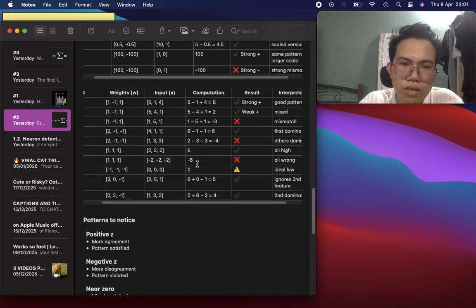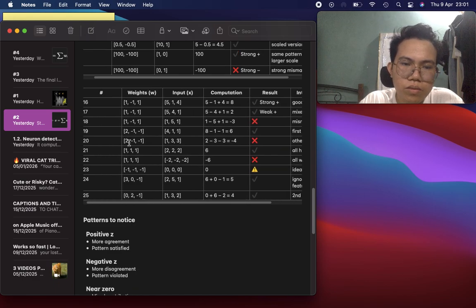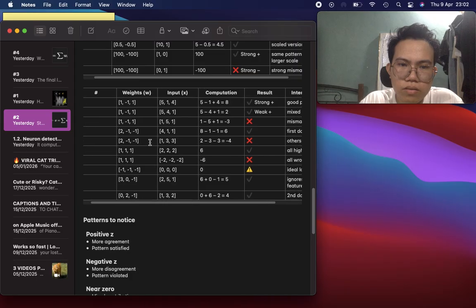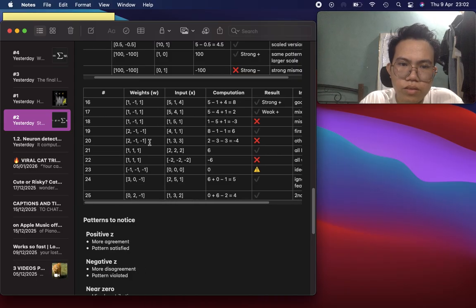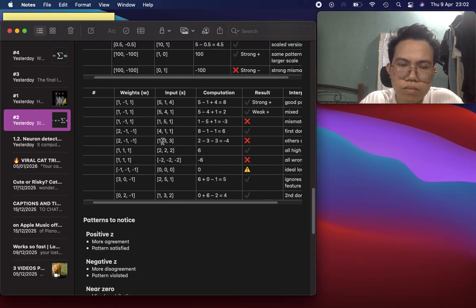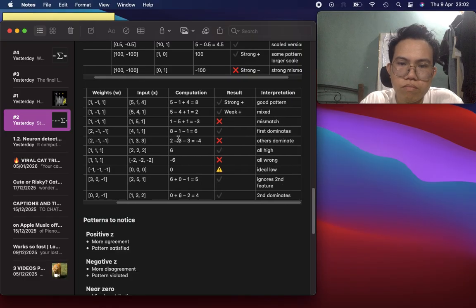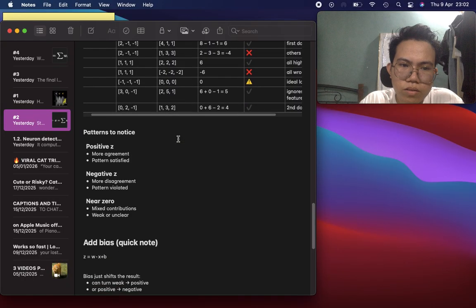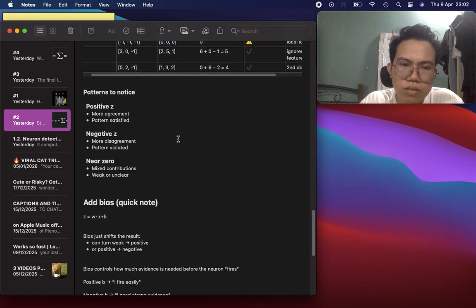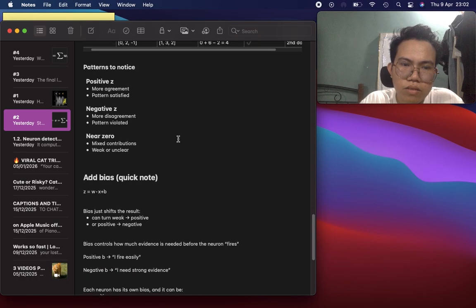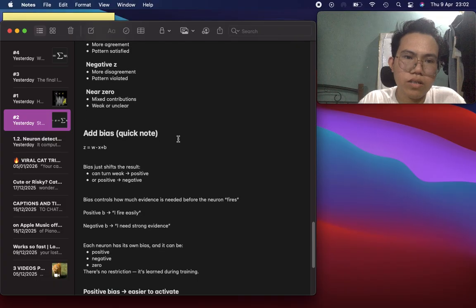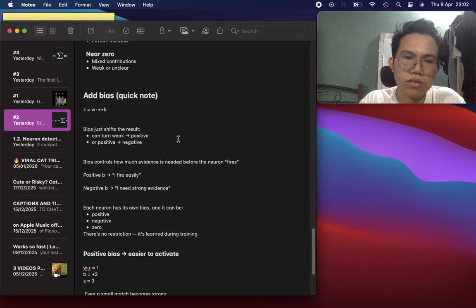If we have 2, -1, and -1, the neuron expects high, low, and low, but it's a contradiction. The input is low, high, and high, but the neuron expects the pattern of high, low, and low. Others dominate. So we can notice that positive z means more agreement, pattern satisfied. Negative z means more disagreement, pattern violated. Near zero means mixed contributions, weak or unclear.